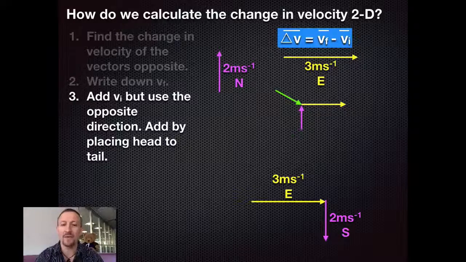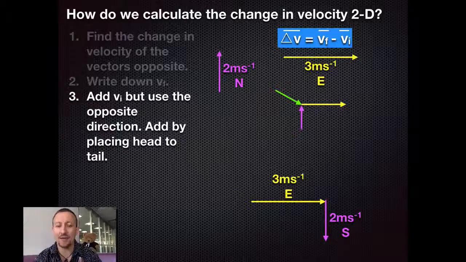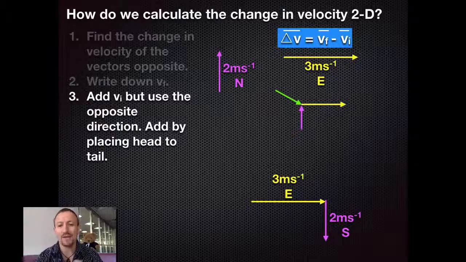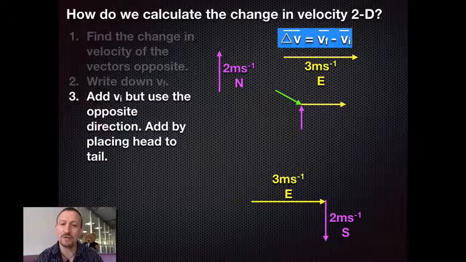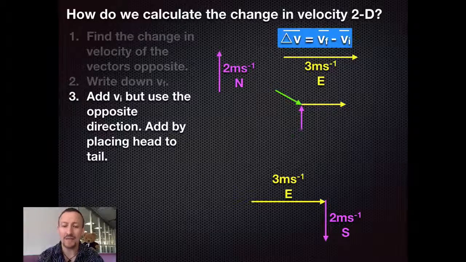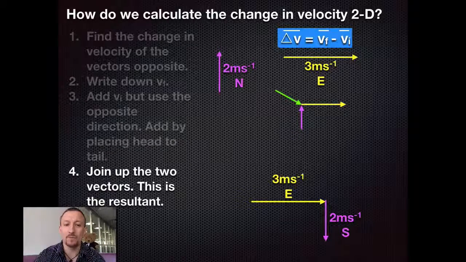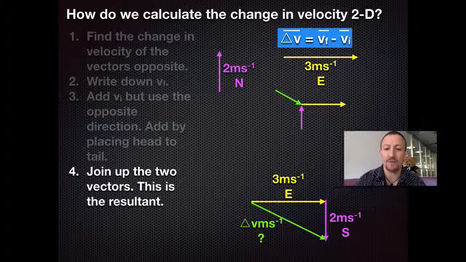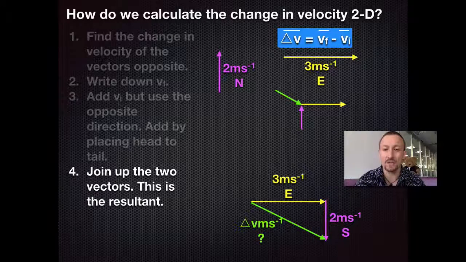You'll notice now that if I take the tail of the yellow arrow and join it to the head of the pink arrow, it's going in exactly the same direction as the green arrow in my scenario just above. That means we're going in the same direction. The length of that arrow basically will be the magnitude. So I can join up these two vectors and find my resultant, which is the change in velocity.